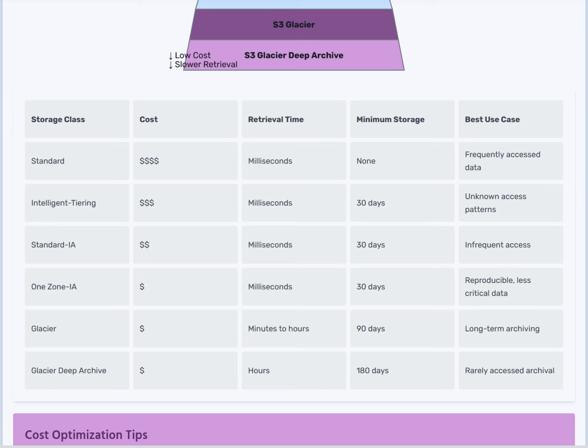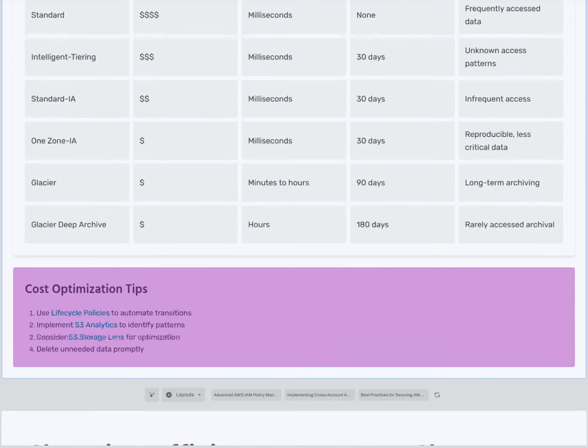It's for reproducible, less critical data, because it's not highly available, only one availability zone. Then Glacier: cost is less, retrieval in minutes to hours, and you have to keep 90 days. It's for long-term archive. And then Glacier Deep Archive: rarely accessed archival data, maybe compliance data you have to keep 7 years or so. Minimum you have to keep 180 days, right?